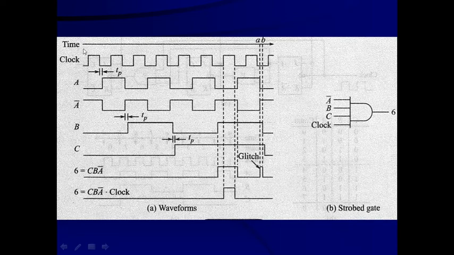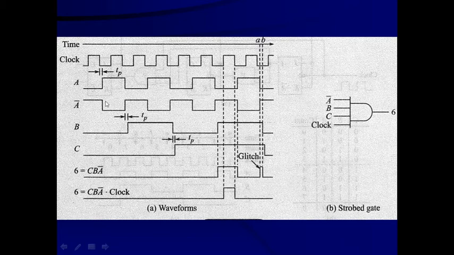This is the timeline, and in the timeline these are the negative edges of each clock pulse. That means when it changes from high to low, it is said to be the negative edge. The output of A does not occur exactly at the same moment as the negative edge of the clock waveform, but it is delayed by Tp, the propagation delay time.